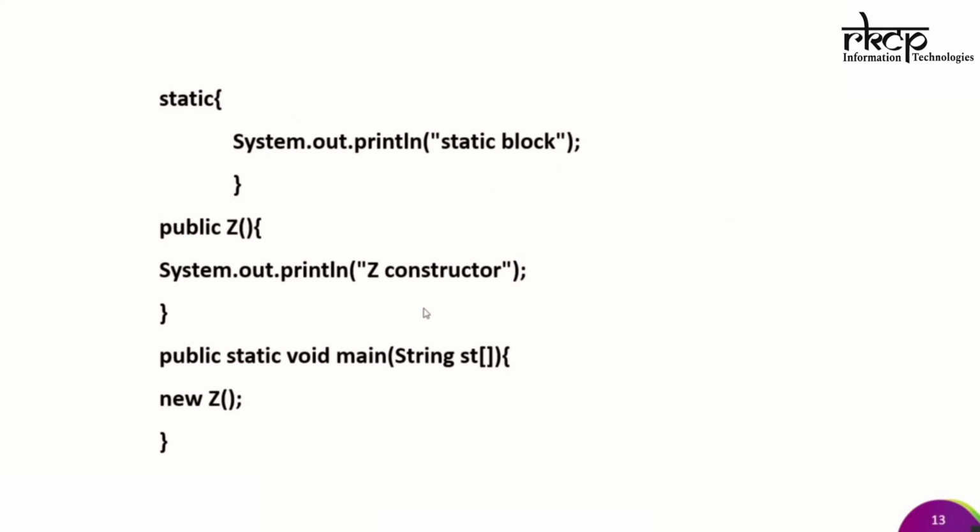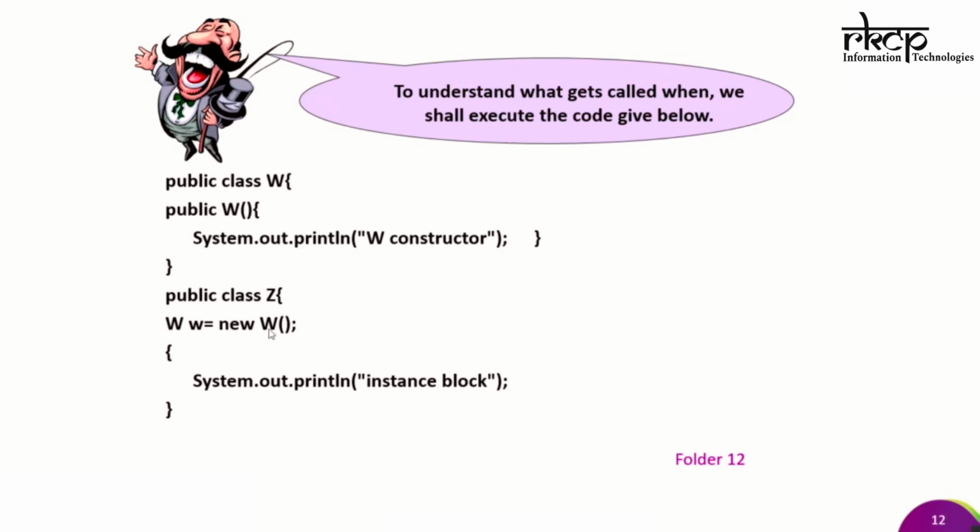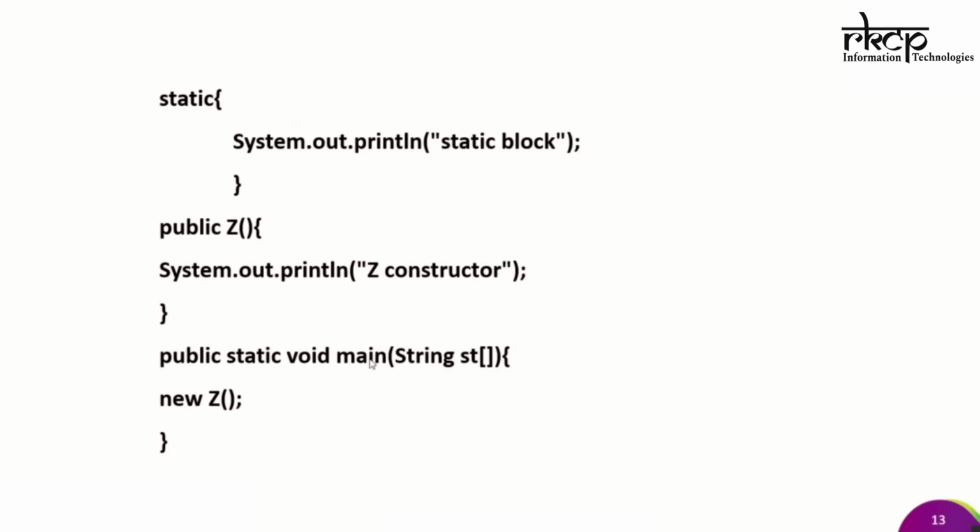Then it checks whether you are creating an object of some other class globally, so all the global parts will execute. After that, your non-static initializer will execute and then your constructor will execute.